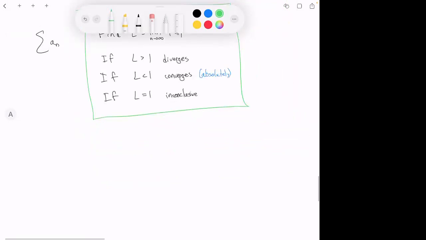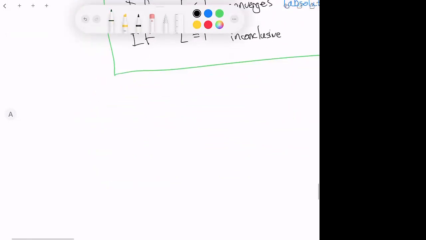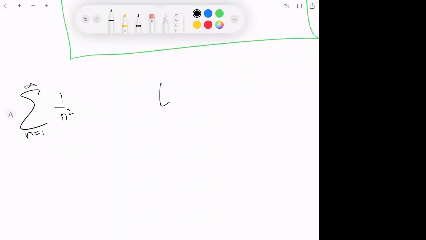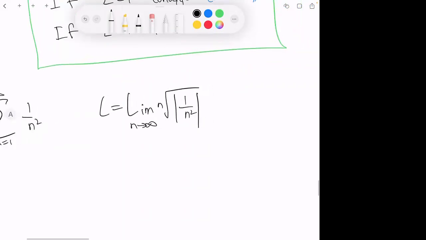So for example, I'll do a stupid example first. Let's say you want to know whether this series converges or diverges. You could use the root test. You could take this limit as n goes to infinity of the nth root of the absolute value of 1 over n squared.